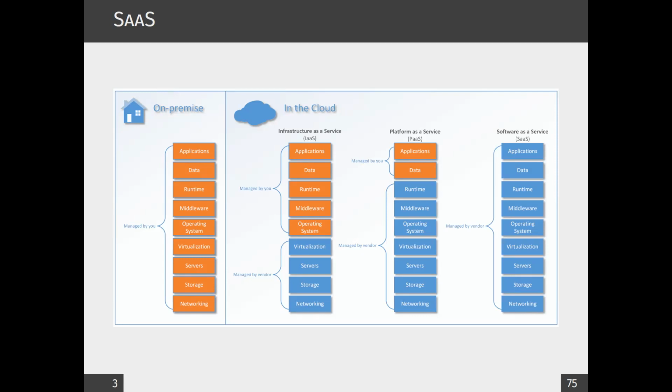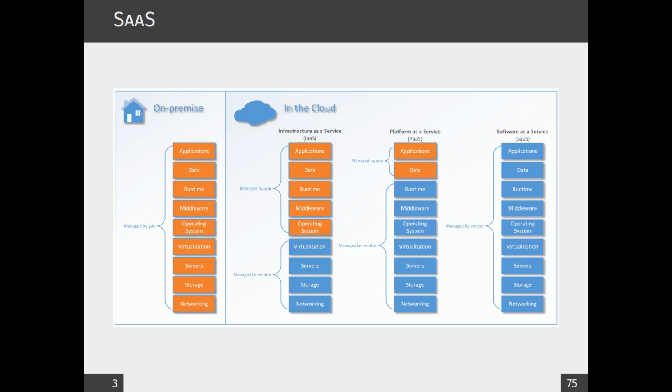So, for example, we have Microsoft Azure, Google, Oracle Cloud. These are some of the examples where they can provide the infrastructure you need through a vendor. And what the organization has to maintain is only the application, data, runtime, middleware, and the operating system.